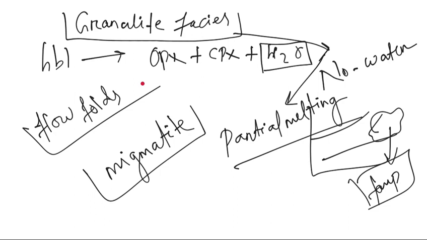As the felsic portions have melted, they will start flowing. After the flow, they generate folds, flow folds. They are not structural folds, they are flow folds due to the flowage of the liquid. These felsic portions flow and form folds, and accordingly the basic portions arrange themselves in the folds.